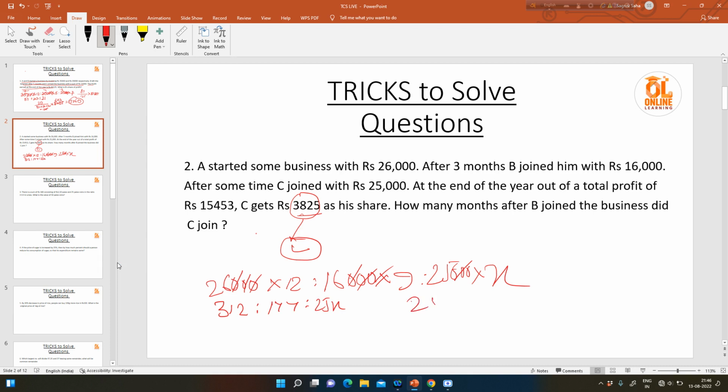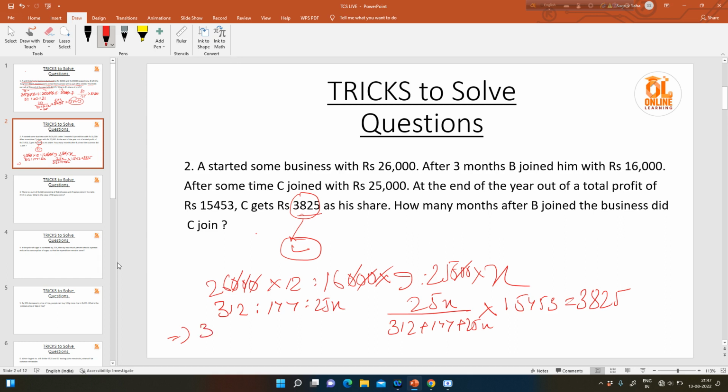So she has invested 25X, by the total 312 plus 144 plus 25X, into the profit, 15453, and it would be equal to 3825 as C has earned it. If you solve this, it would come 25 into 15453.